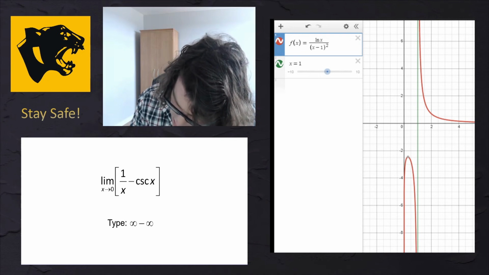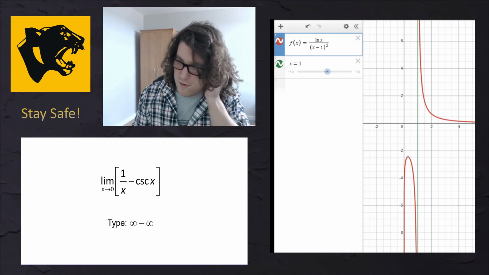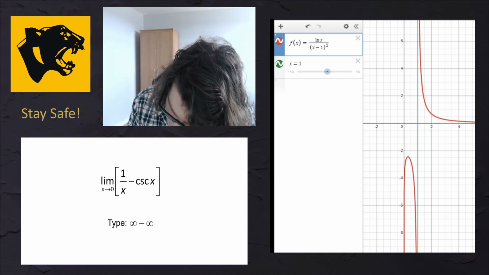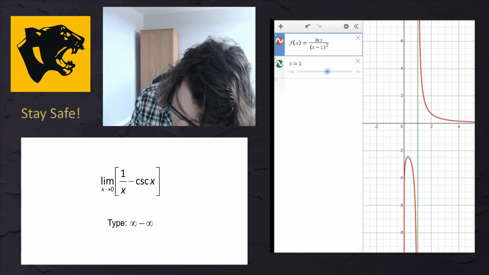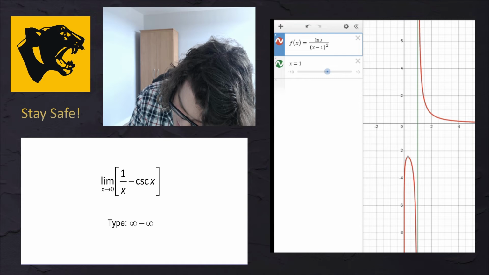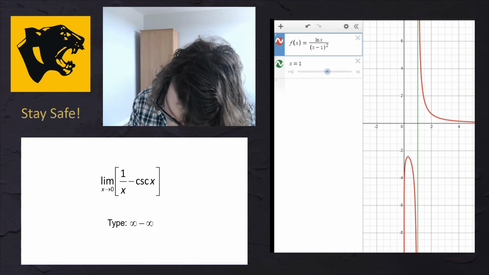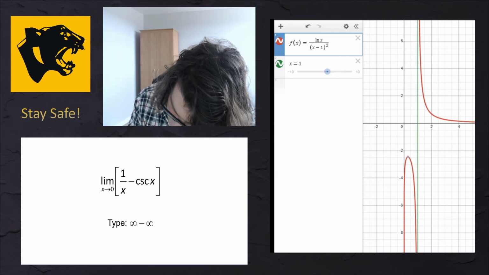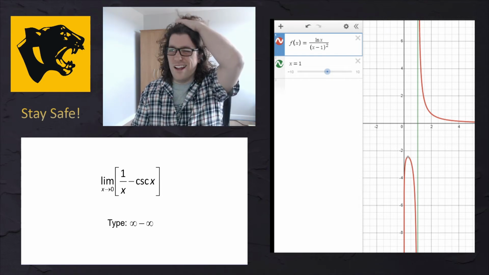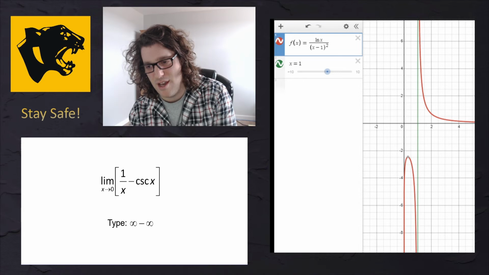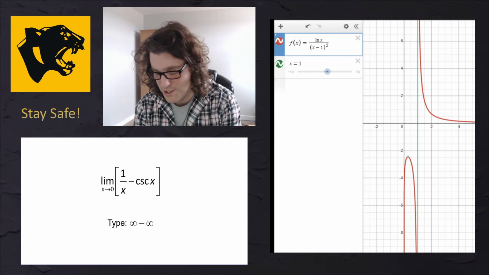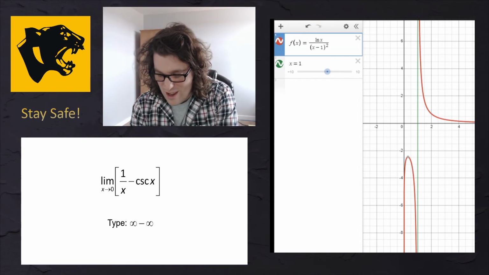Actually, I'm going to change that cosecant x to a 1 over sine x. So I'm going to say that my denominator is actually x sine x, and then my numerator is going to be sine x minus x. Now, I probably wussed out there a little bit. I could have left it as a cosecant and just had 1 minus x cosecant x.